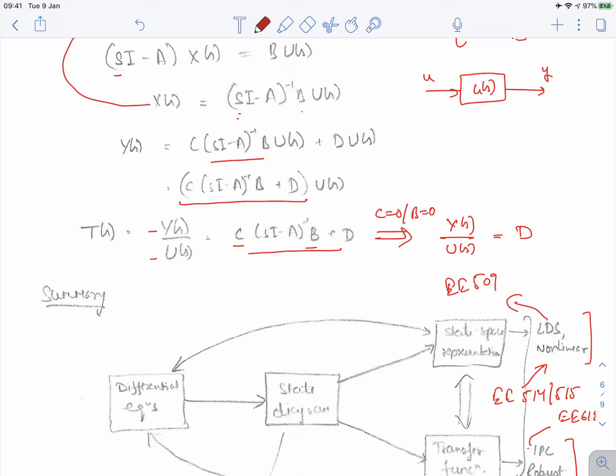And this D matrix or a constant term you would get if you have a biproper transfer function, meaning to say the order of the numerator polynomial and the order of the denominator polynomial is the same. In that case only you would have this D term or the constant term.